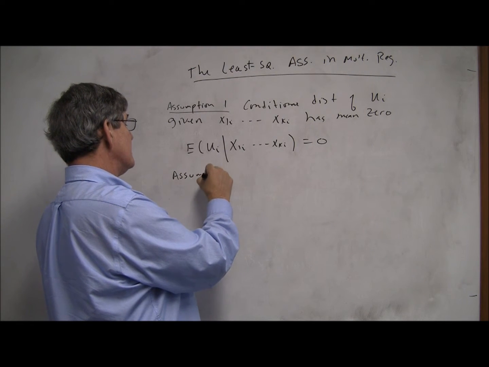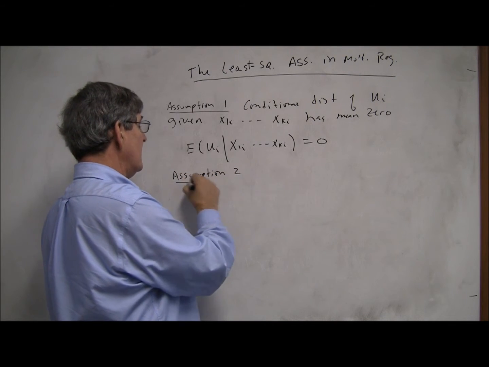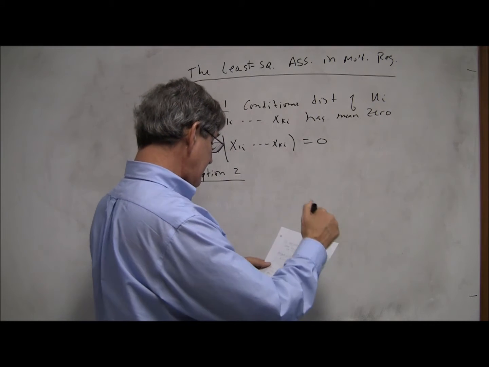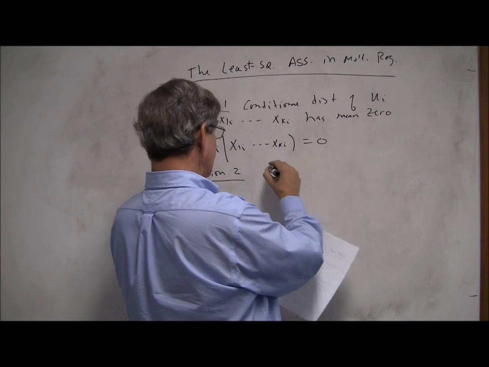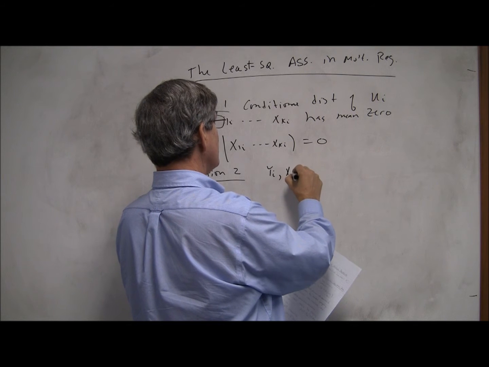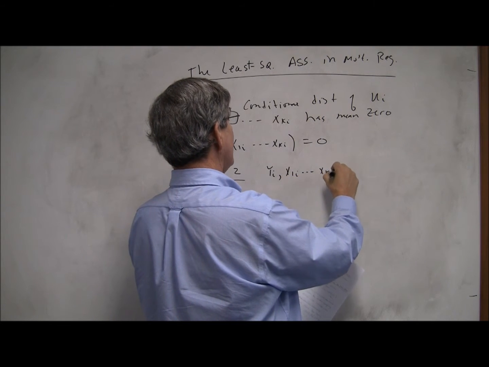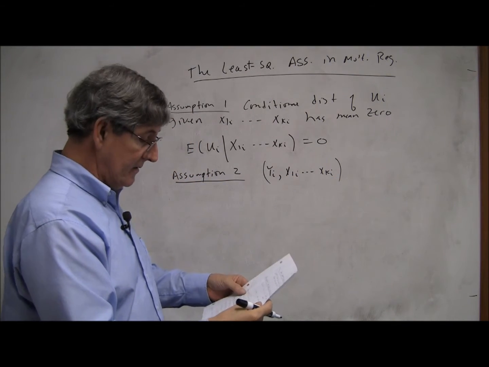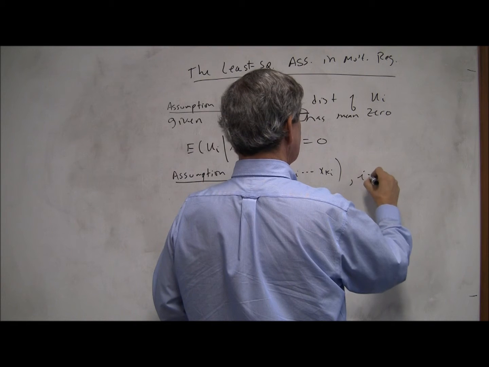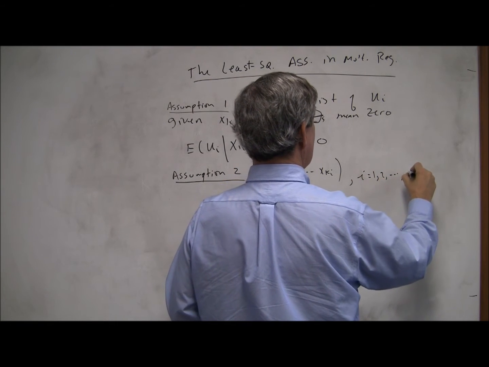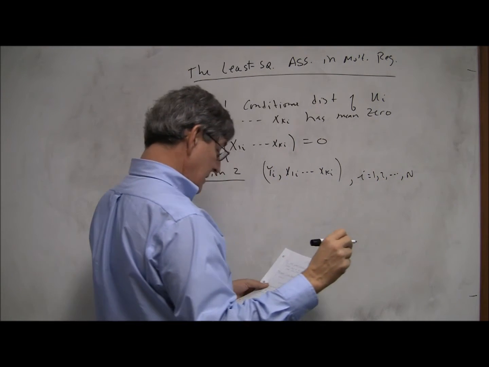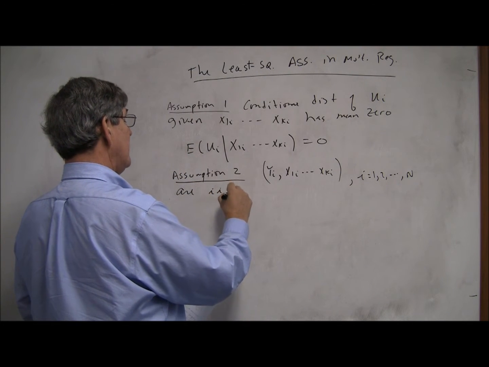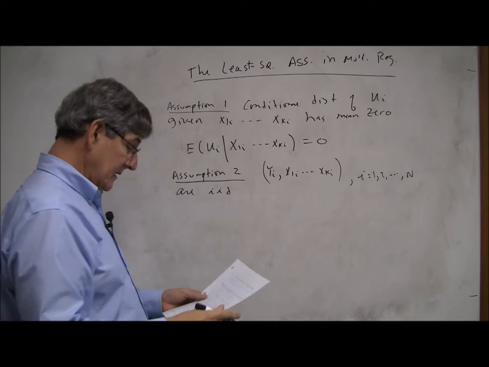Assumption 2 is simply another extension for the multivariate context. It says that y_i, x_1i up to x_ki, that set, that's a particular observation for the ith person for i equals 1, 2, up to n, are IID, independently and identically distributed.